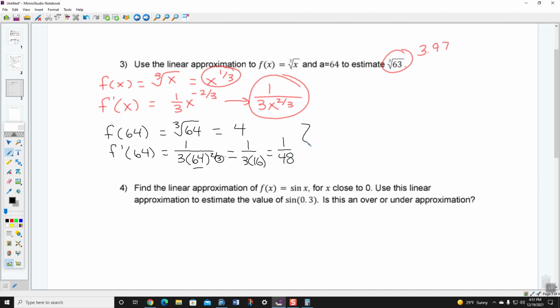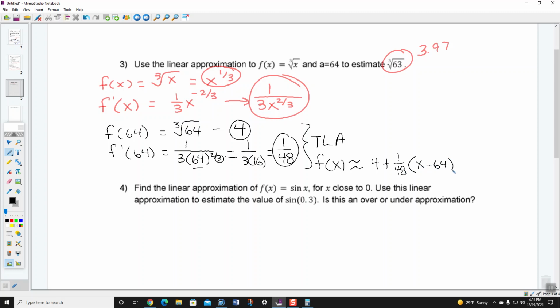So here we go. Our tangent line approximation. We end up with f of x is approximately, we want f of 64 first. In this case, that is 4 plus my f prime, or my slope, if you will. In this case, 1 over 48. Okay? And then this is times x minus 64. Right?